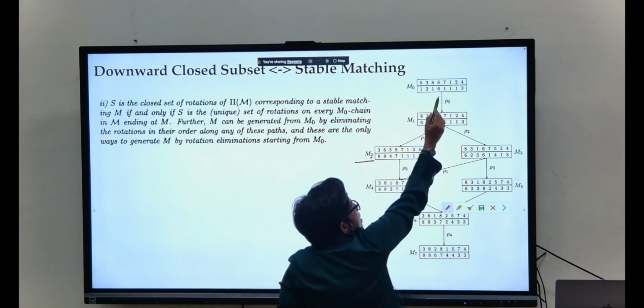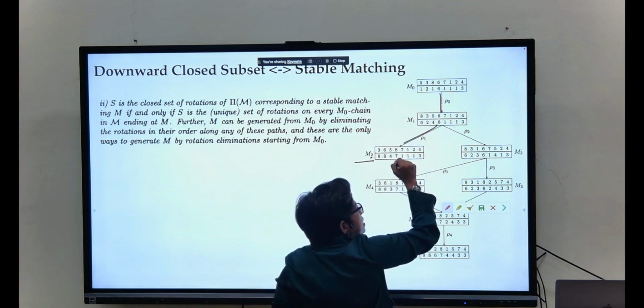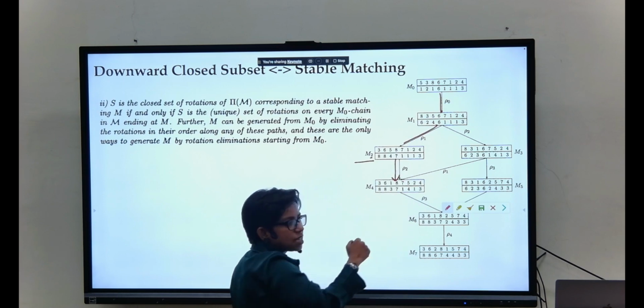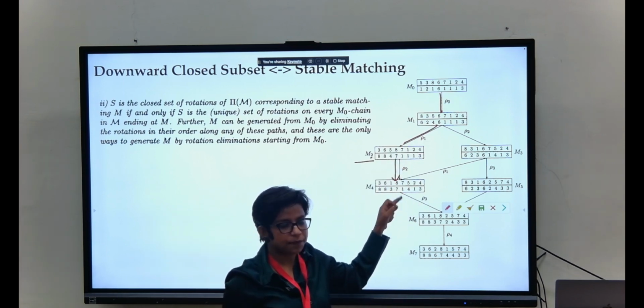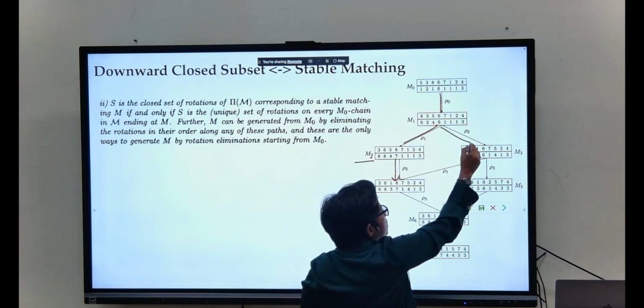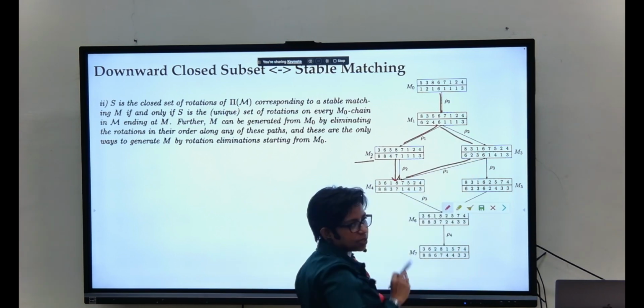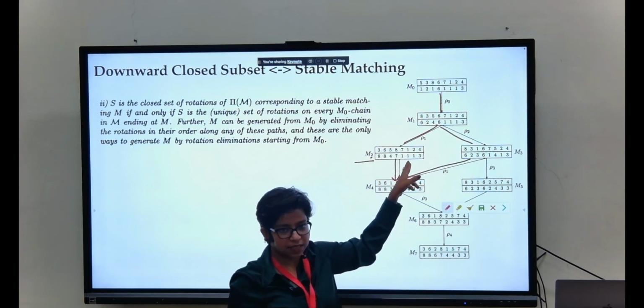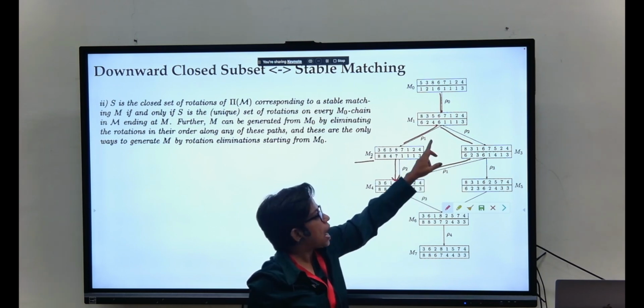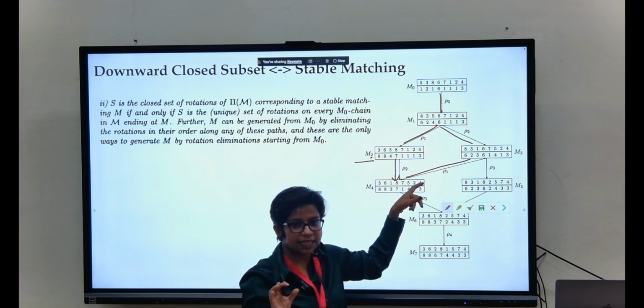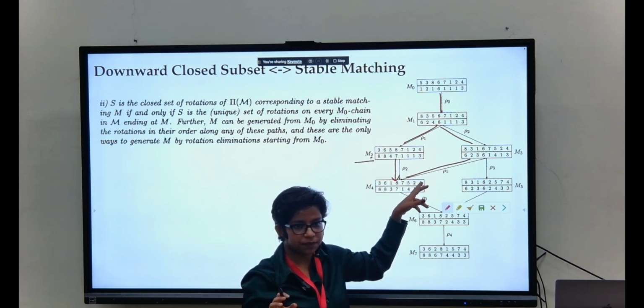Right. These are distinct paths in the sense that they see different matchings on the paths. But if I just pick up the labels of the edges and ignore the vertices, the edge labels here are the rotations, and I get 2 paths with the exact same edge labels.